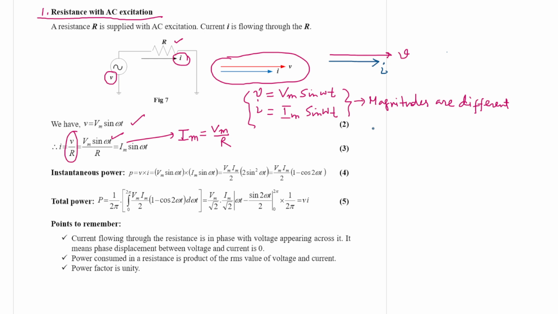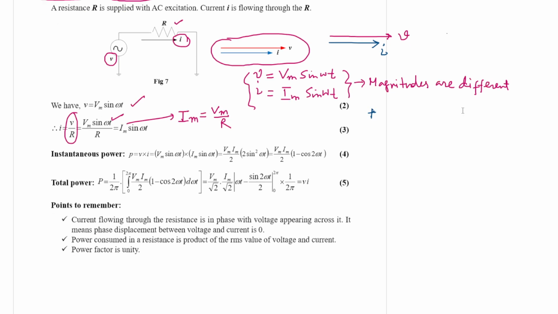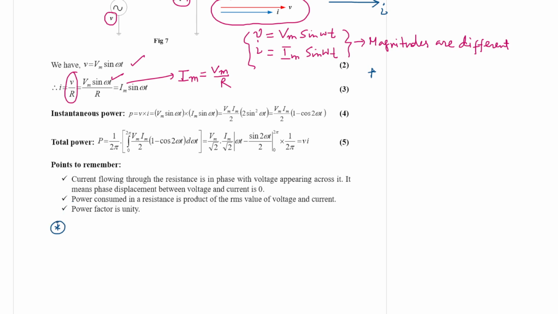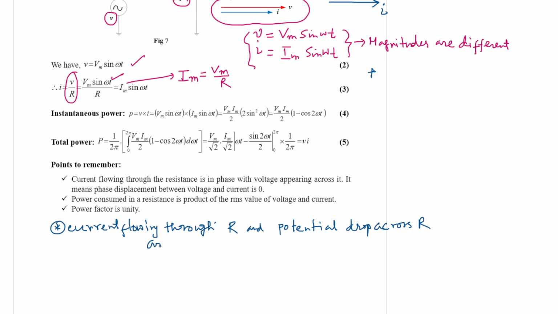That means, very important observation, we should write: current flowing through resistance and potential drop across resistance are in same phase, which means angle between them is equal to 0.